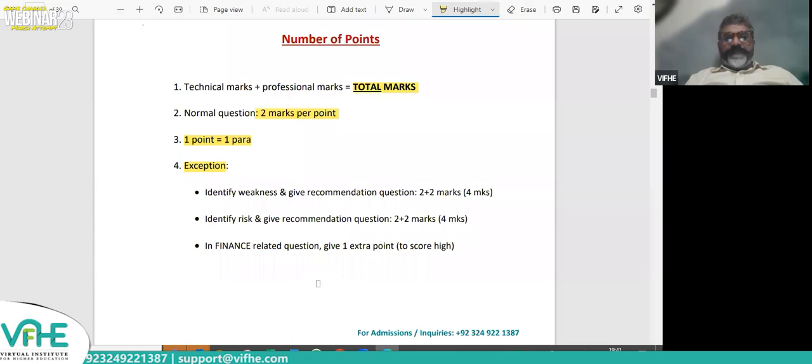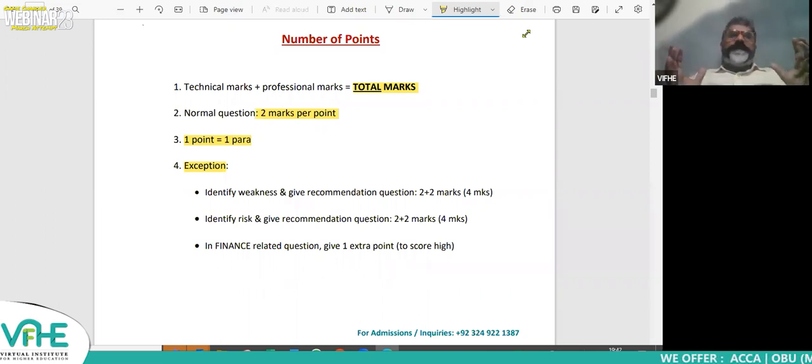You have to identify 4 weaknesses, and for the 4 weaknesses, you have to give 4 recommendations. So total 8 points will be there. So you will divide by 4. If the question says identify weakness and recommend solutions, you will divide total marks by 4 instead of 2, because you're supposed to deliver 2 things: identify the weakness and then give its recommendation. Clear?